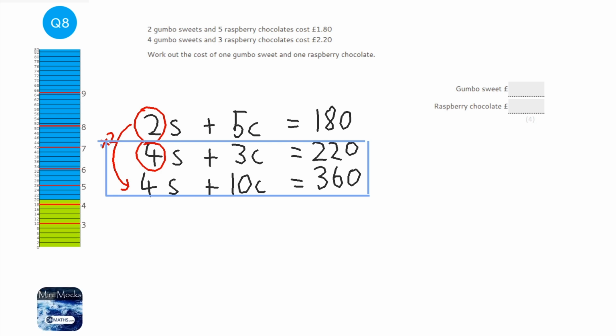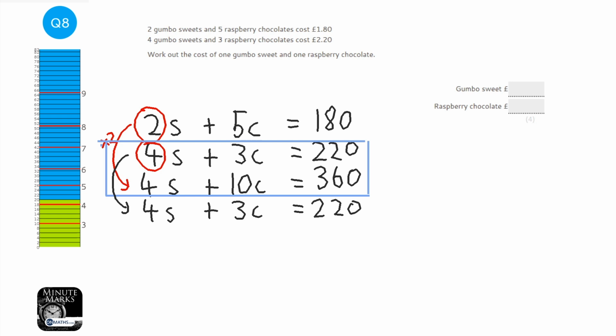So sometimes it's a good idea just to copy down the first equation again. So 4S plus, it's technically the second equation again. Let me just rub that out. There we go. So 220. So I'm just copying it again so that when I subtract, it makes them positive, so it's a bit easier.